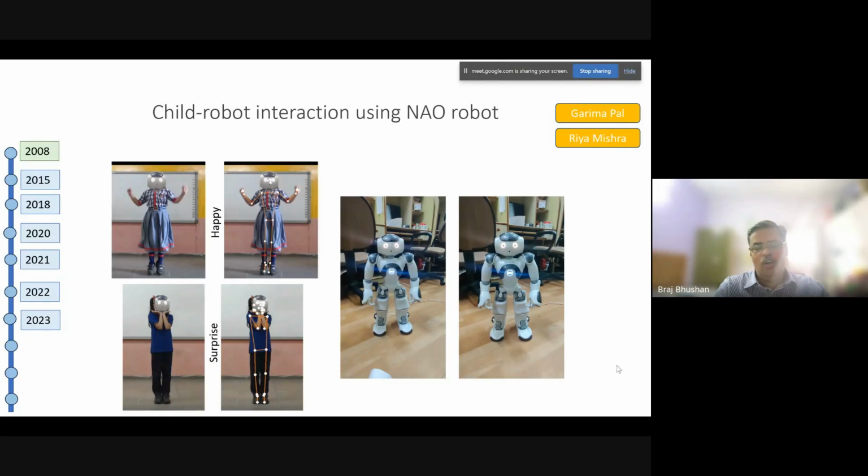Psychology is full of evidence that there are cultural differences in terms of expressivity, especially that has to do with the negative emotions. So this is what we have done. Right now, one of our team is working using the Nao robot, and we are using it as an intervention module to teach or train these kids in three aspects.